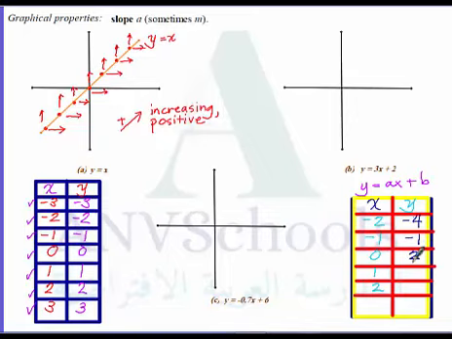If it's 1, then we have 5. And if it is 2, then we have 8. So as you can see, the y values are increasing, and the difference between the y values is +3. From -4 to -1 is +3, and -1 to 2 is +3 also, and so on and so forth.